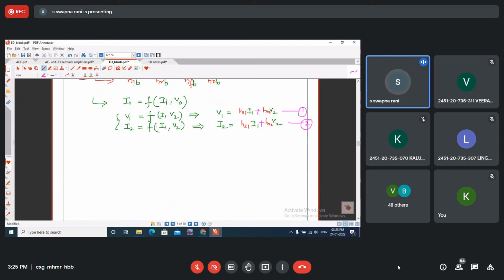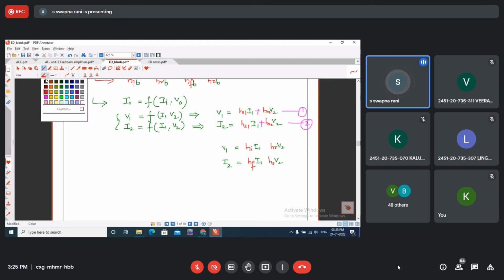The same two equations I will write as I2. All of you see here. So these are the two equations you need to remember. If you remember these two equations, you can easily draw the H parameter model. Now I am going to call H11 as HI. This is HR. This is HF. This is HO.